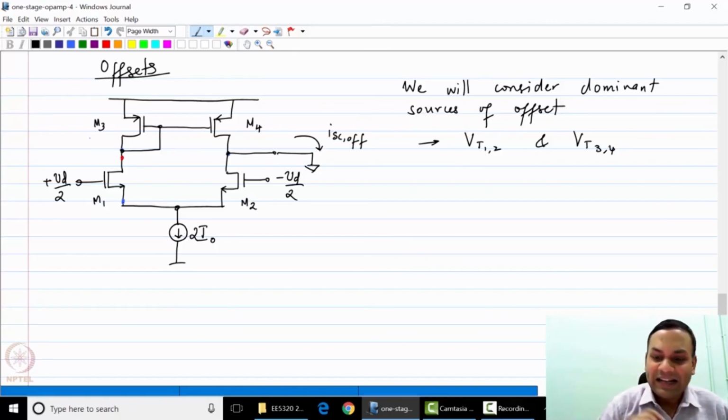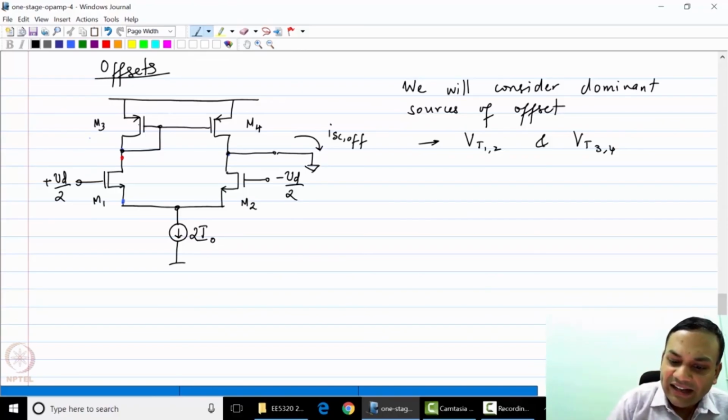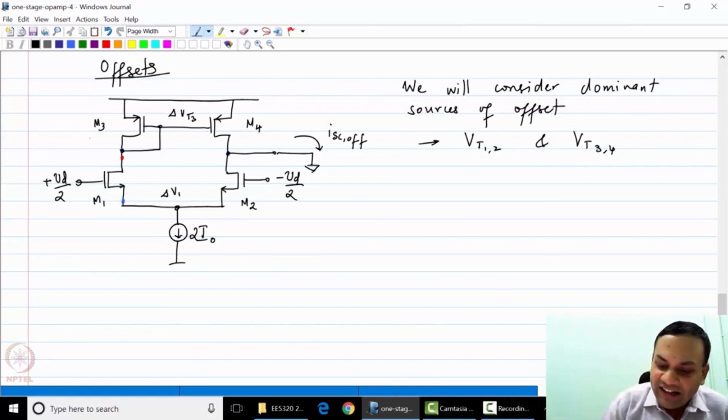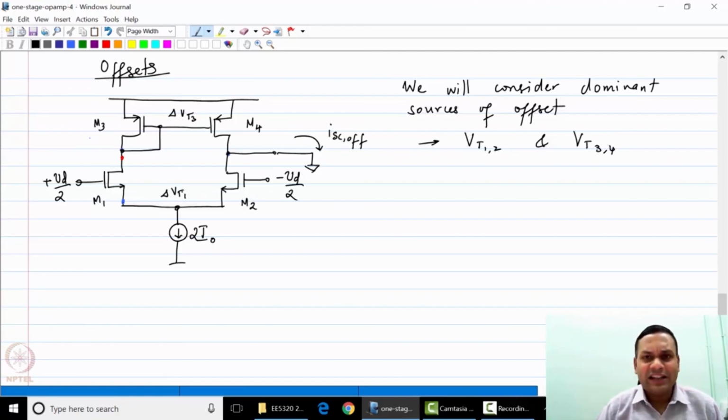These are the two dominant sources of offset in this circuit, and this is what we are going to consider for this particular analysis. So let us assume that there is a delta Vt3 mismatch between 3 and 4, and there is a delta Vt1 mismatch between transistors 1 and 2. In other words, transistor M1 may have a threshold voltage of Vt1.